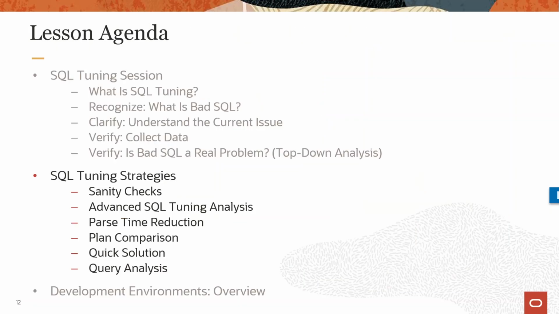Now, the second topic that we're discussing within this lesson is the SQL tuning strategies. We're going to discuss things like sanity checks, what is advanced SQL tuning analysis, what is parse time reduction, what is plan comparison, what is a quick solution strategy, and what is a query analysis strategy.